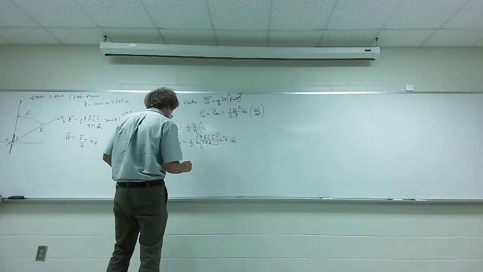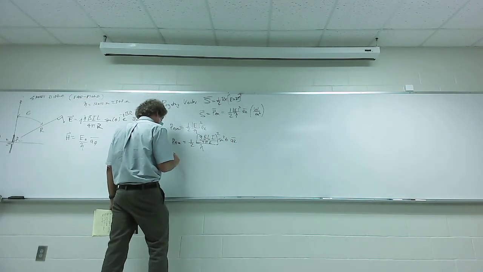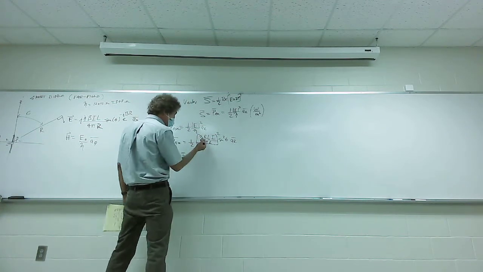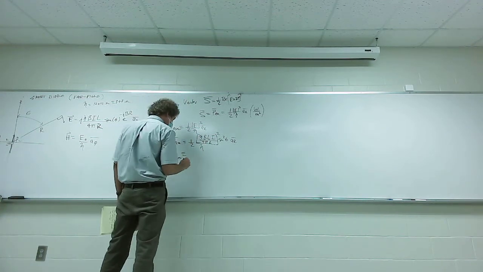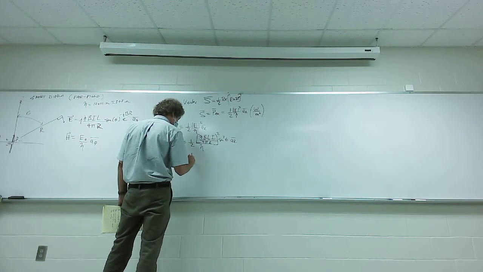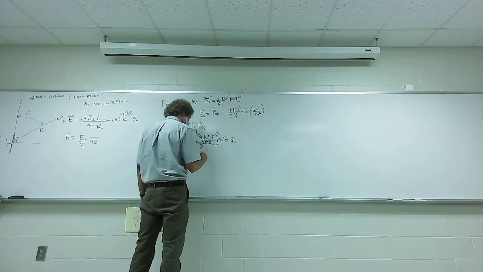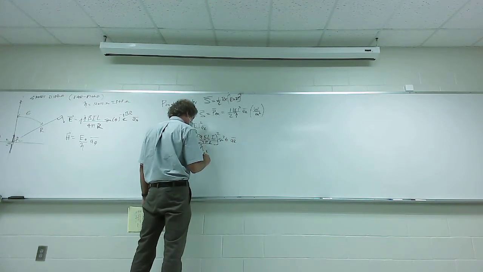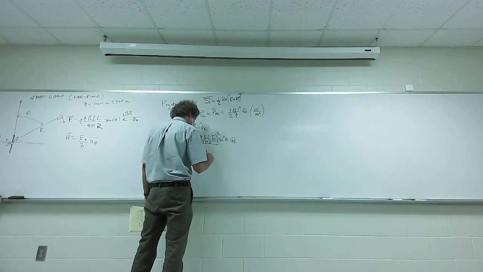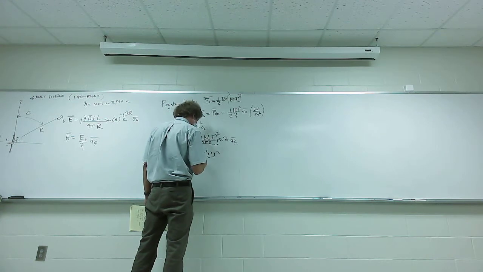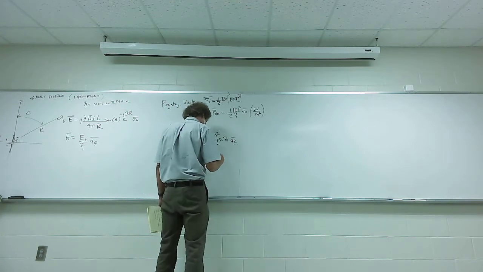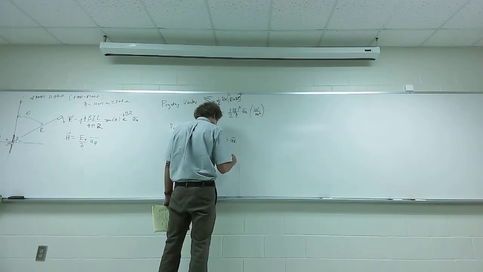When you do this, you can see that the actual average power density will be equal to 1/2, then eta, then beta squared, then L squared, I squared, over 4 pi squared, R squared, sine squared theta.